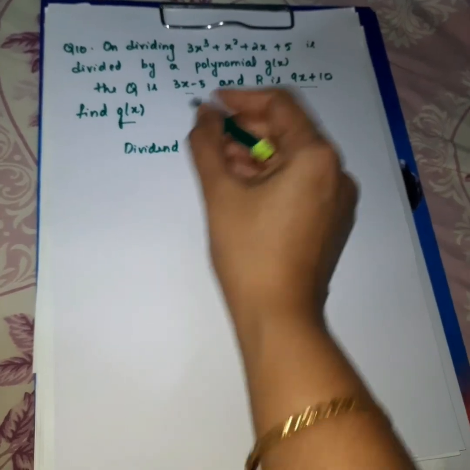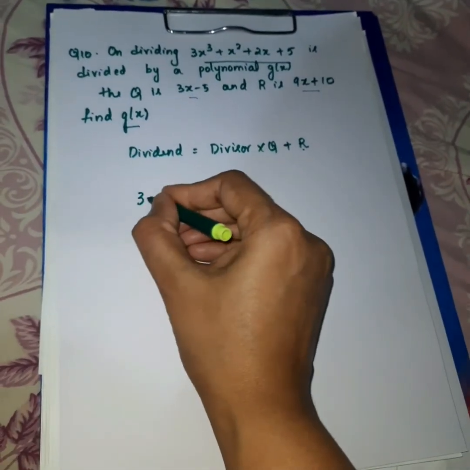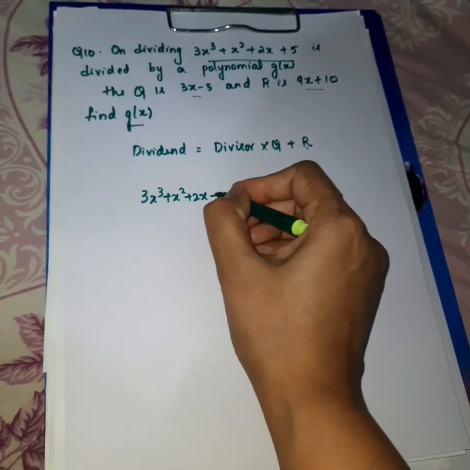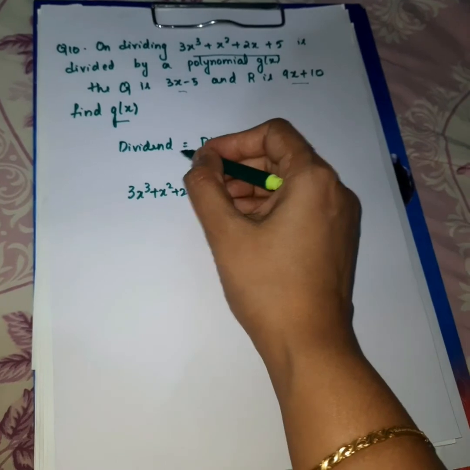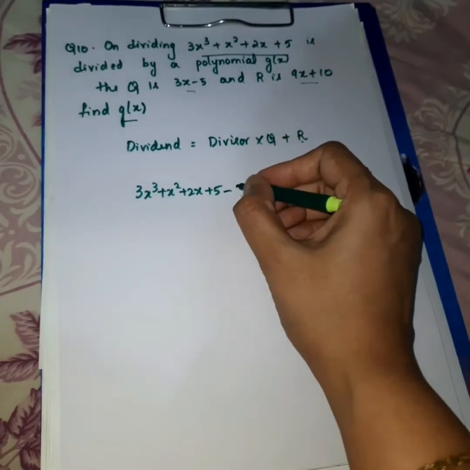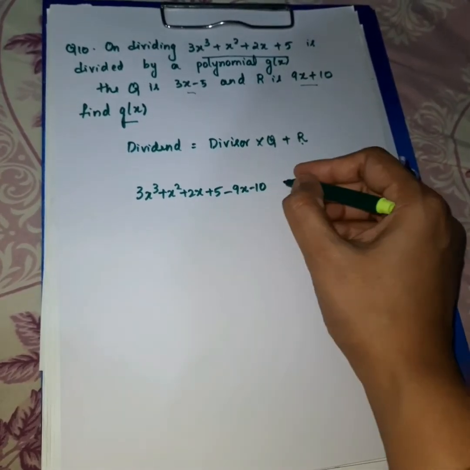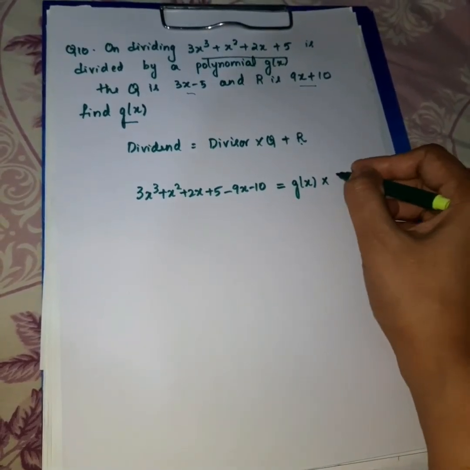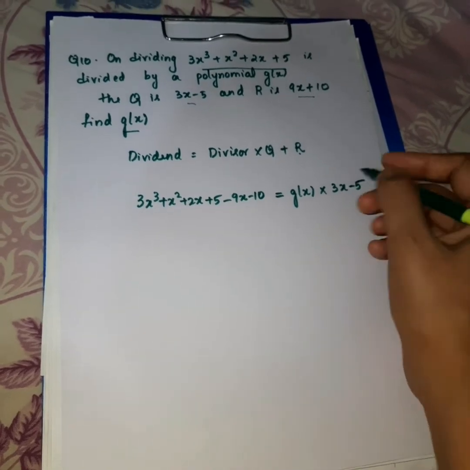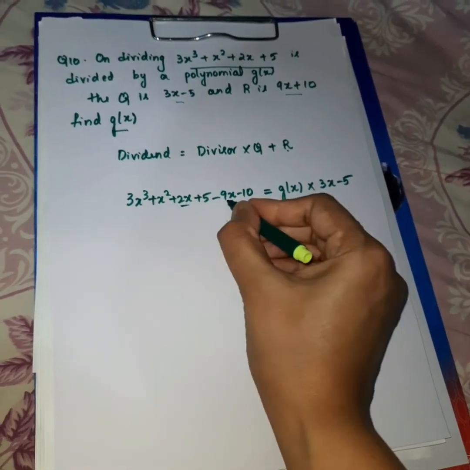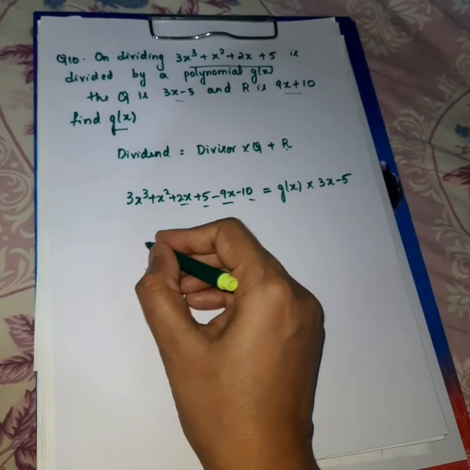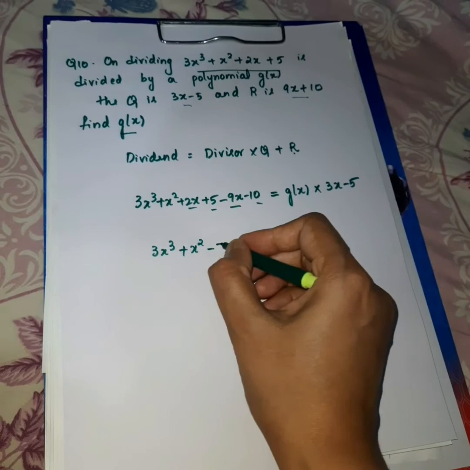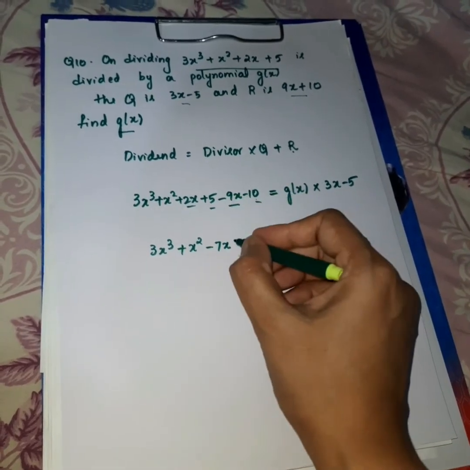So the dividend is 3x cube plus x squared plus 2x plus 5, and the remainder can be subtracted from this when it comes to the left hand side. Divisor is g of x and quotient is 3x minus 5. So here the x and constant terms need to be simplified further. 3x cube plus x squared minus 7x minus 5.